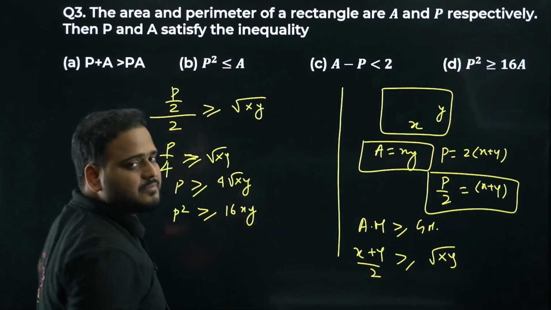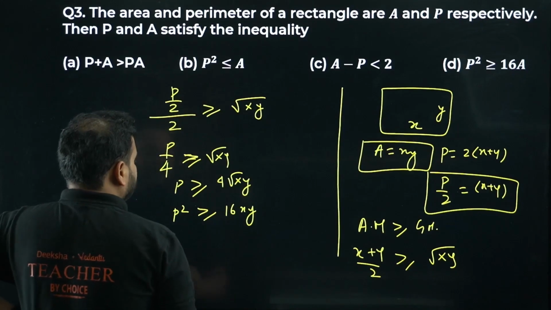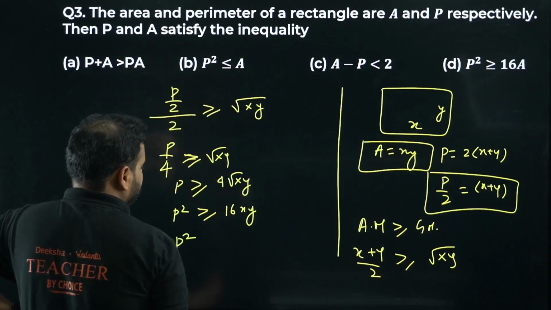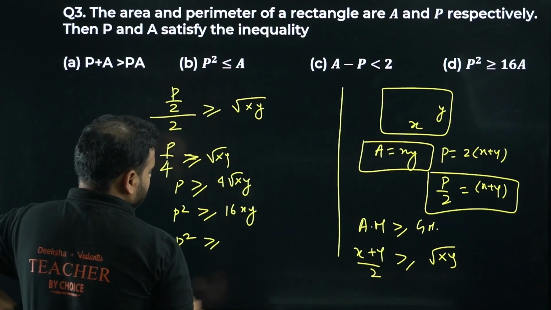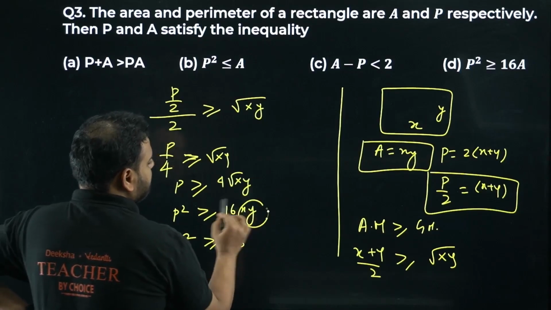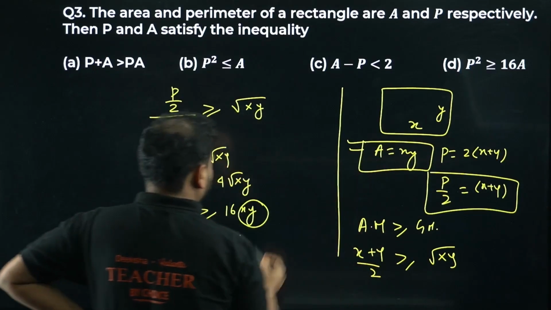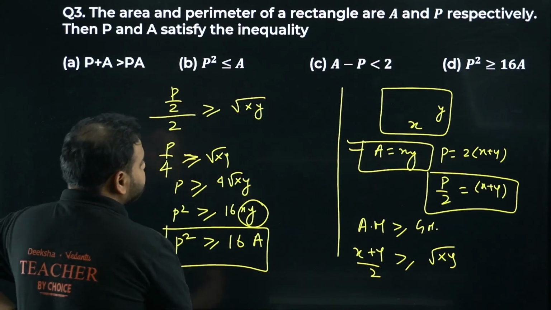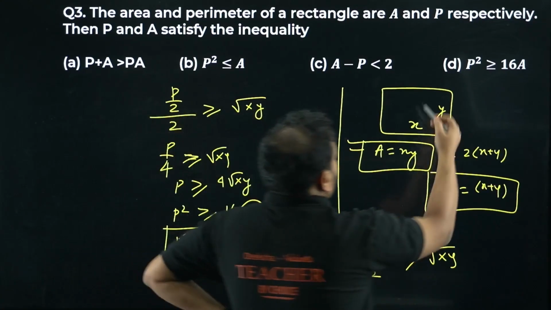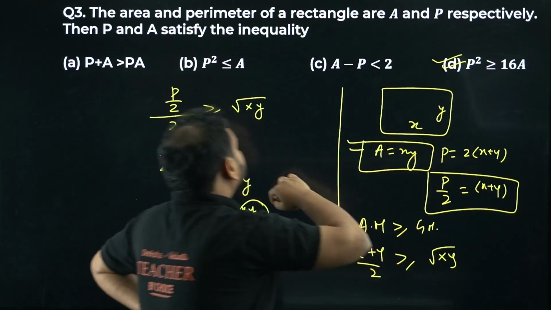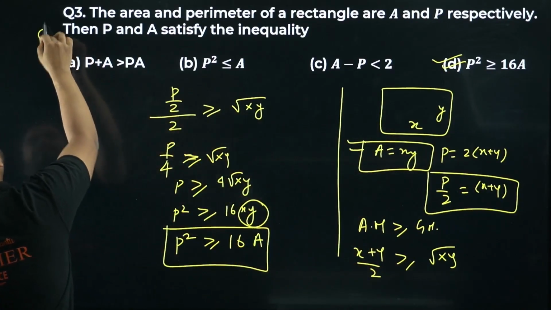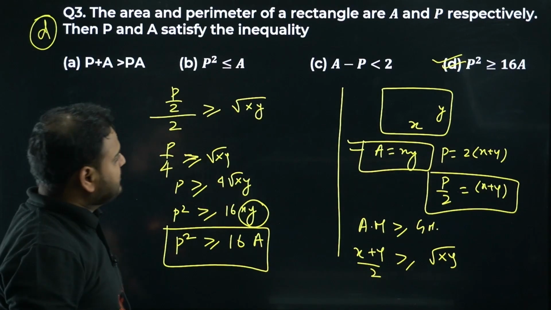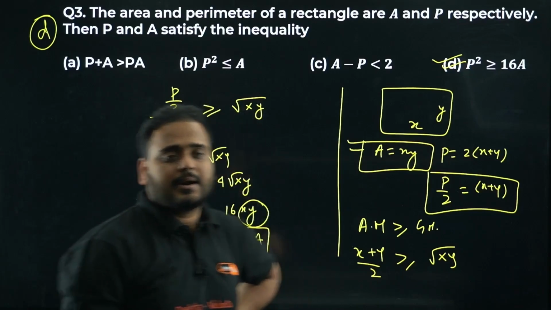Square will cancel the root, so 16xy. What's the value of xy, bacha? Simply the area A. So right here 16A. So this should be the result. Option D is correct. Please check, have a look.